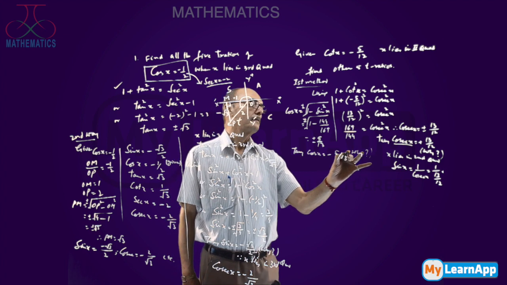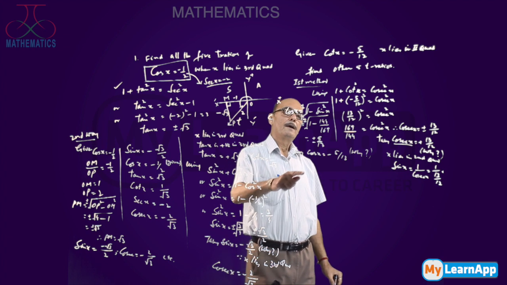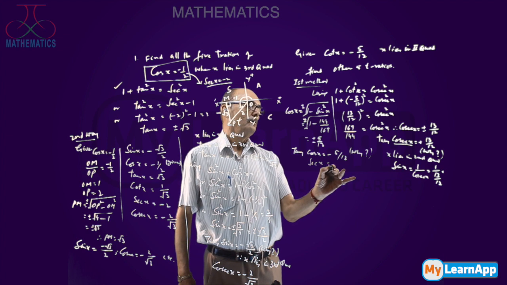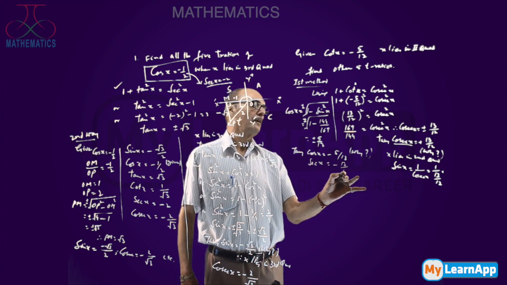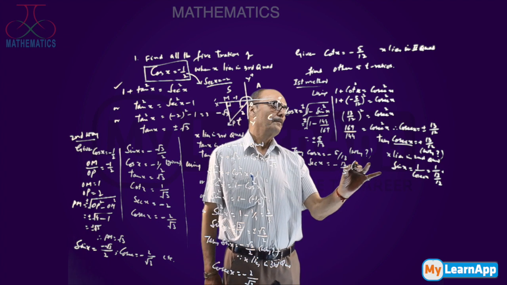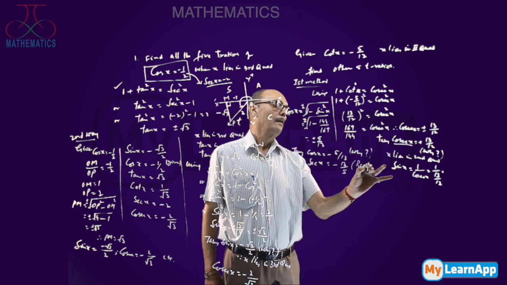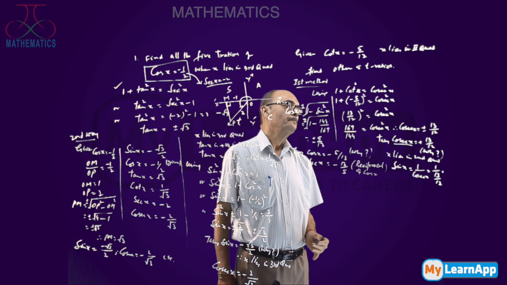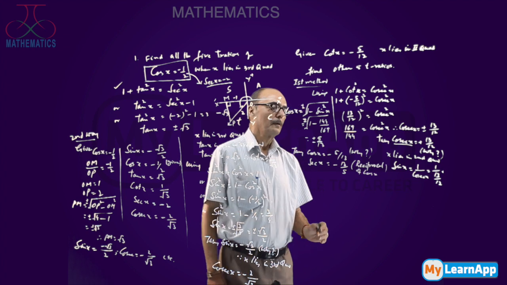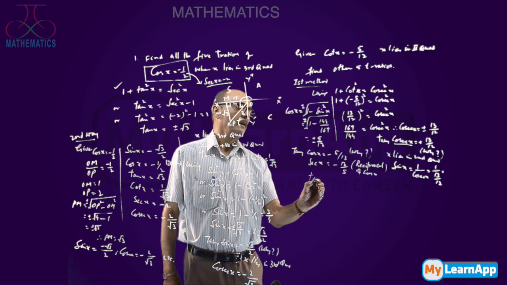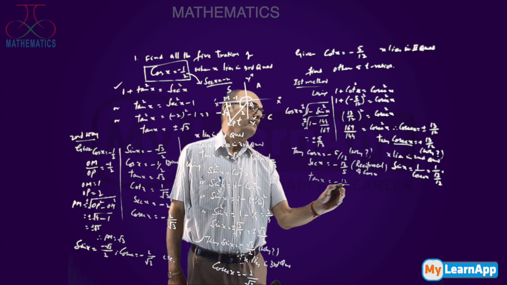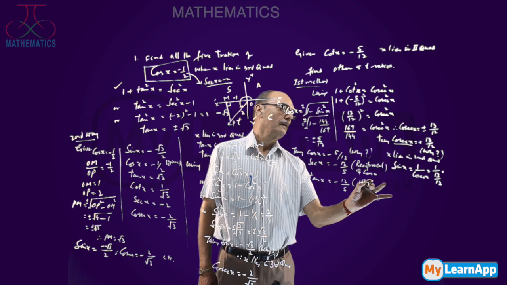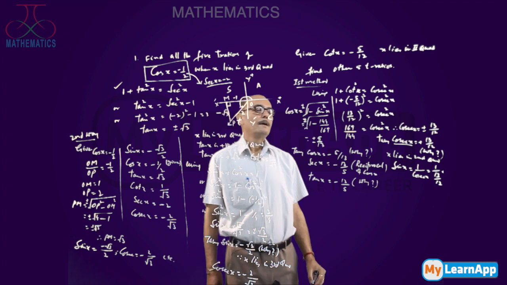Because in the second quadrant, cos x is negative. So secant x is minus 13 by 5, the reciprocal of cos x. Now tan x equal to minus 12 by 5.